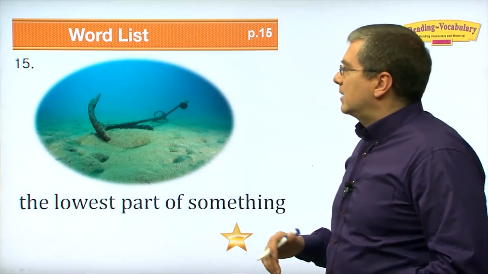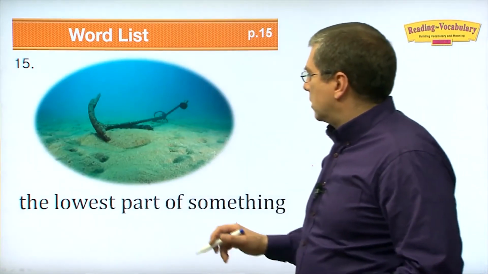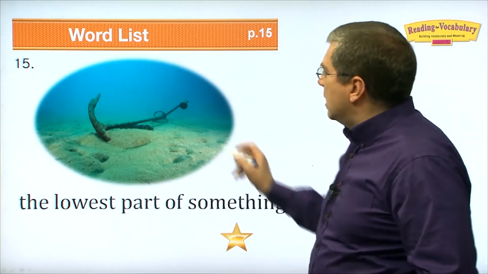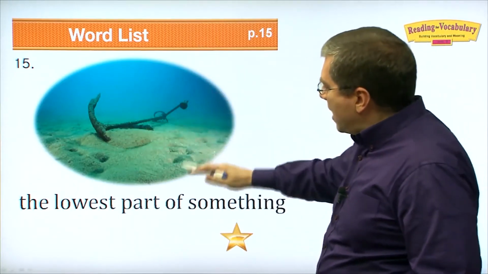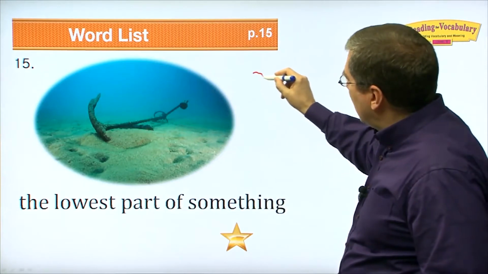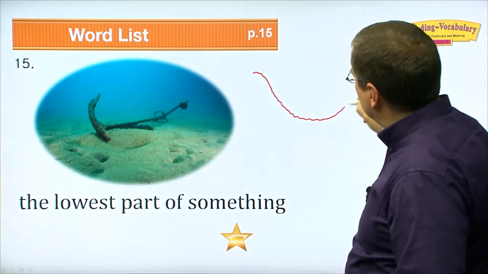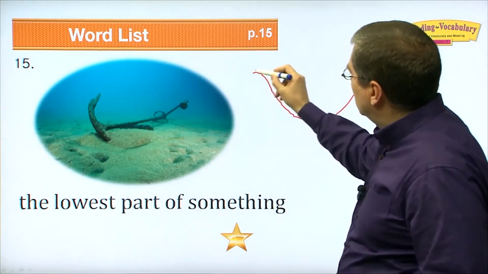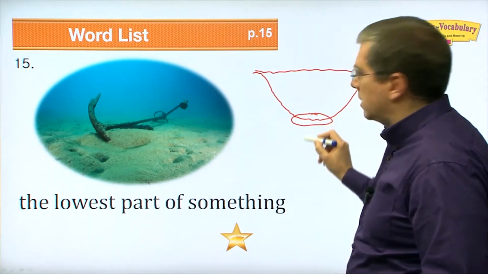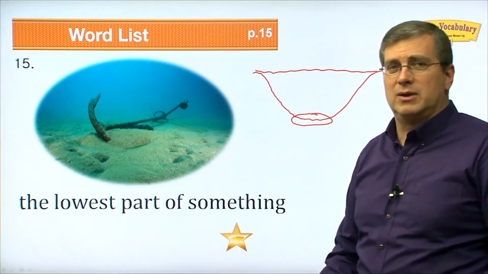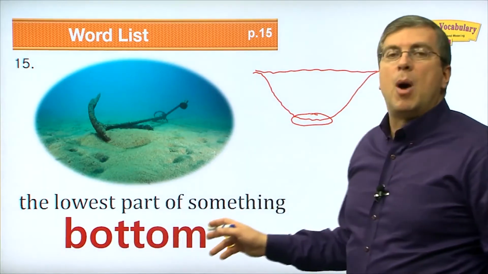Okay. Next one, underwater, right? The lowest part of something. Maybe you're at the, I don't want to say the word, but the very lowest part, right? Let's say you have the ocean. Here's the ocean. Well, imagine that's very big. And there's the water. We're talking about the lowest part of something. What do we call it? We call it the bottom.